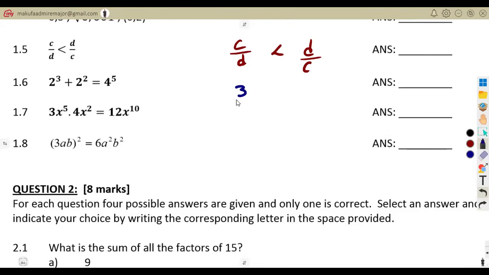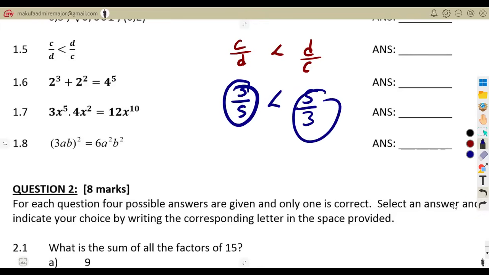Maybe we are talking about 3/5. Remember, in a proper fraction, the denominator is big in value compared to the numerator. So can we say it is less than if we interchange and write it as 5/3 with 5 on top? Can we say this is less than this? No. This one is bigger.